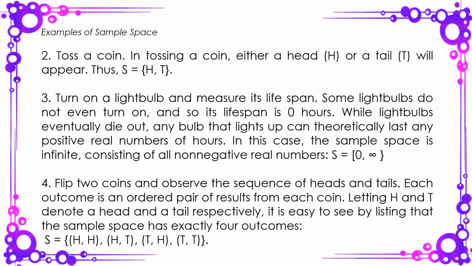So if you are going to flip or toss 2 coins, here are the sample outcomes: we have here head and head, head and tail, tail and head, and tail and tail.